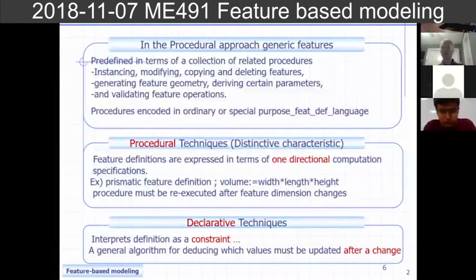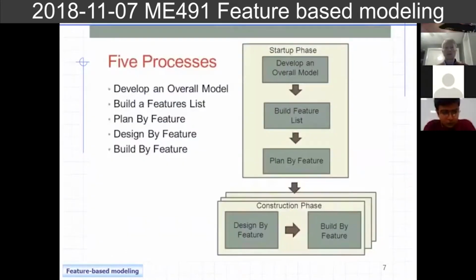We modify one by one along the modeling history. All right. So there are 5 processes of modeling or features.